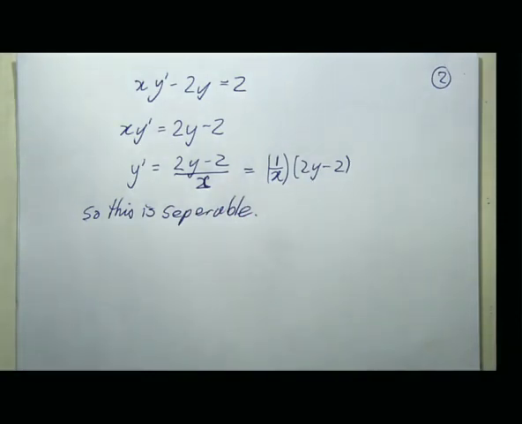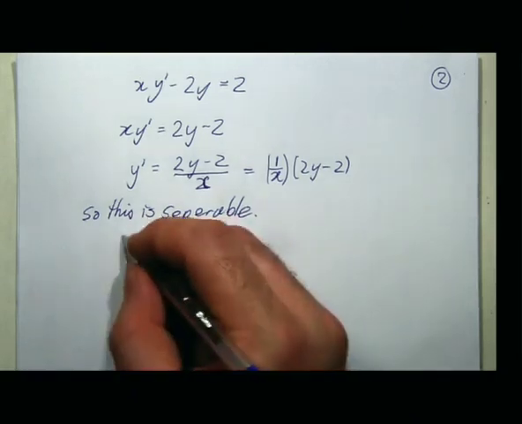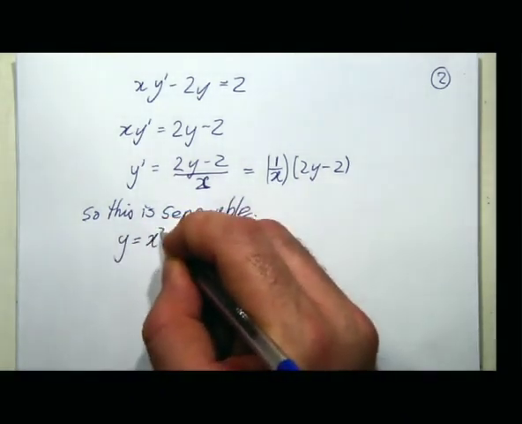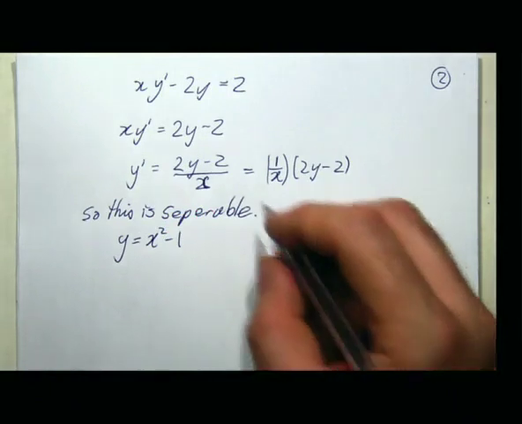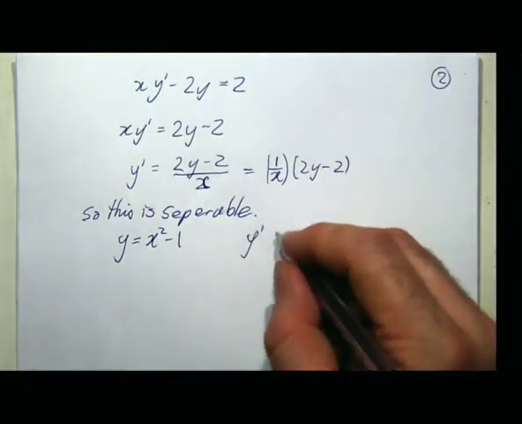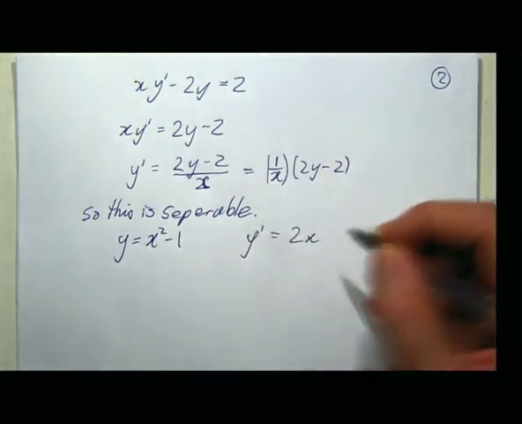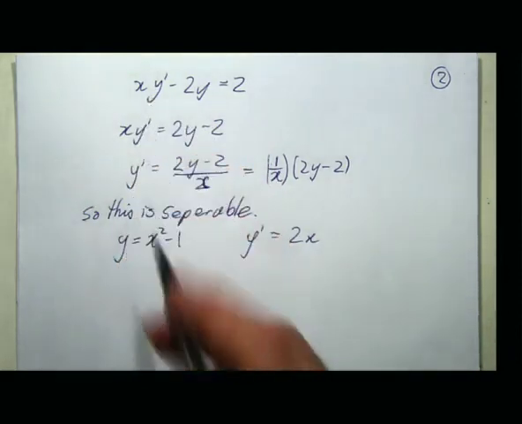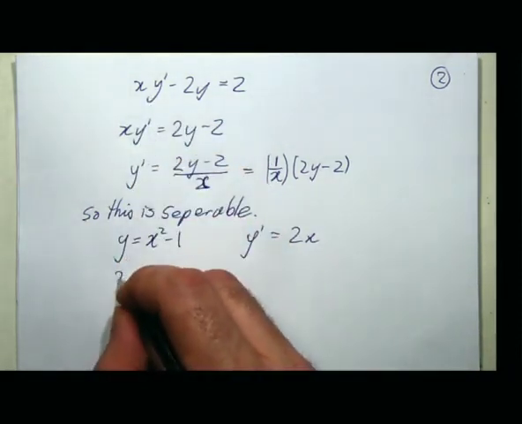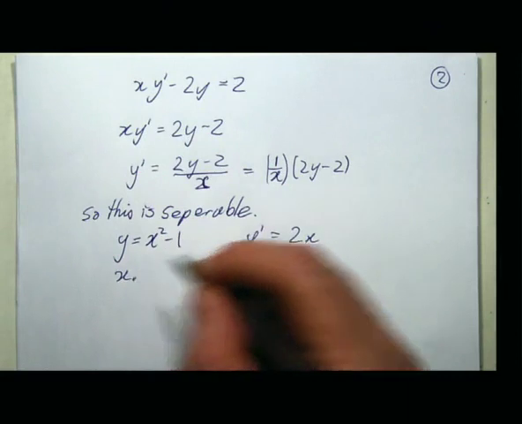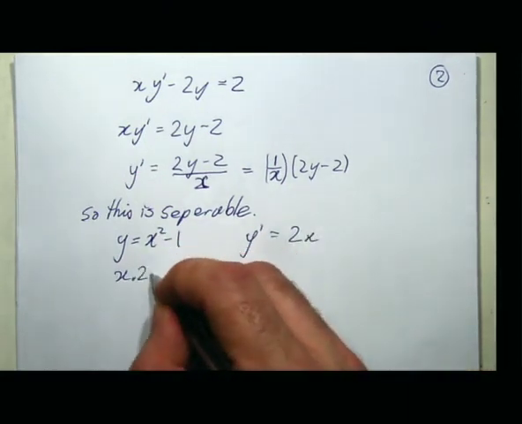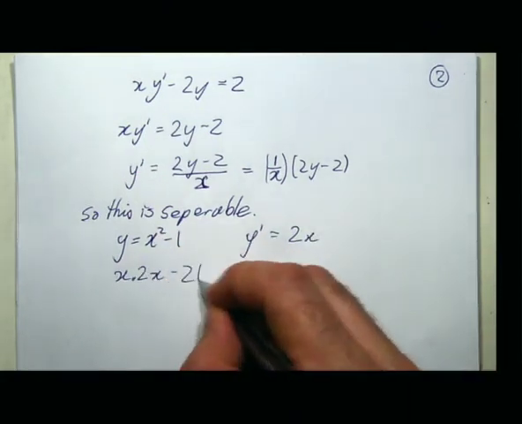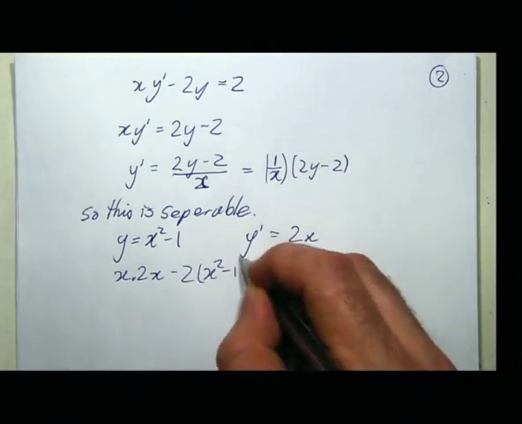And again, we've been asked to verify this is a solution. So we've got y is equal to x squared minus 1. So we're going to find y' is equal to 2x. I'm going to go back to the original equation, and I'm going to go x times y', which we've said is 2x, minus 2 by (x squared minus 1).